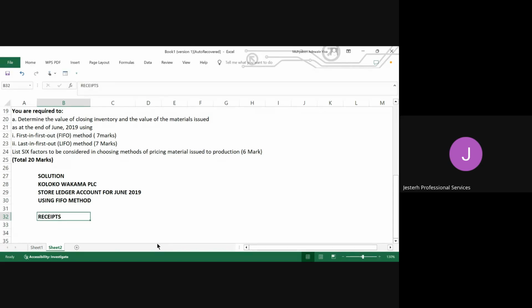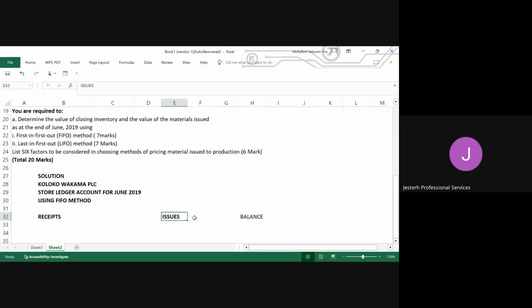You come up with receipts, and then you also come here too. I want to make sure that you utilize all these issues, and then you come up here and write your balances. So these balances is whatever you are receiving, you purchase, and then once you issue it out, the remaining balance will be on this side.